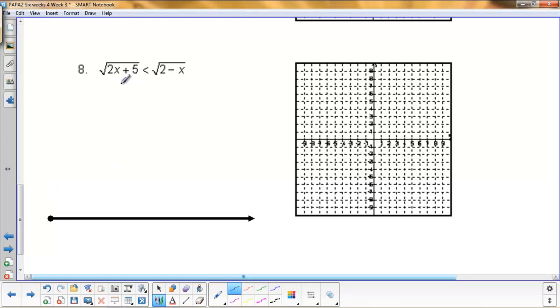Here on this one, we have a stretch and we have a reflection. So when we graph these, I'll go ahead and just do a quick sketch of them so you guys can see what it looks like. I will be here, heading in this direction for the first one, and I will be here, heading in this direction for this one.